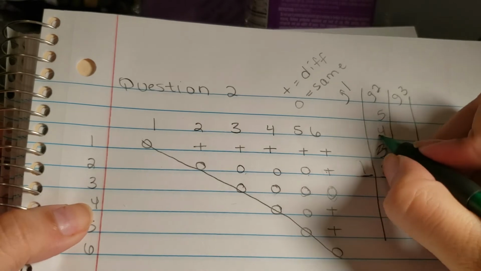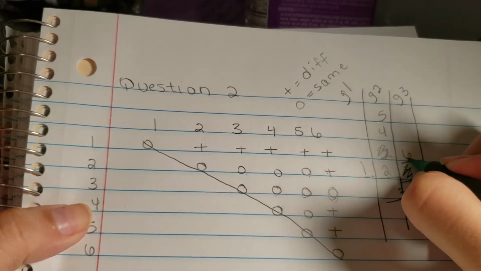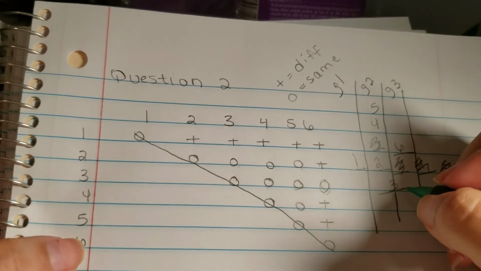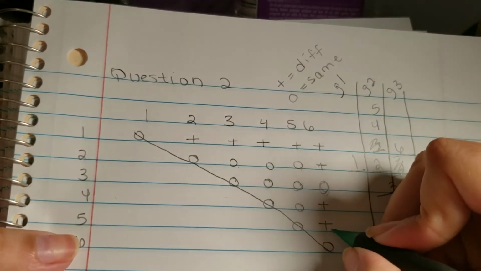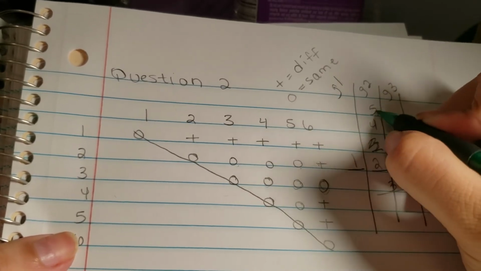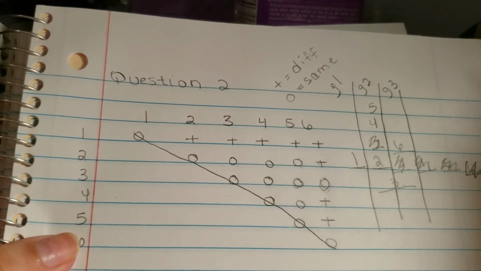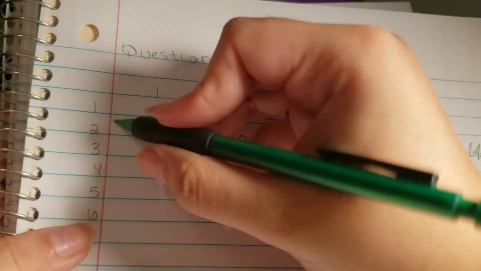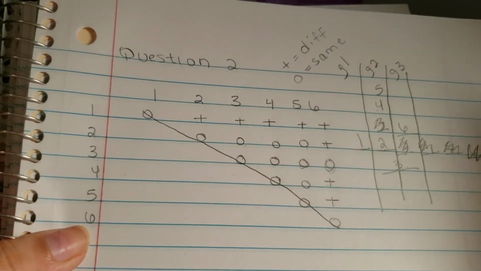So we can see here 4 is in group 2 and 6 is in group 3. Plus, different, that matches. 5 and 6 is a plus, meaning they should be in different groups. We can see here 5 is group 2, 6 is group 3. And then 6 is with the 1. We're not going to make any changes.